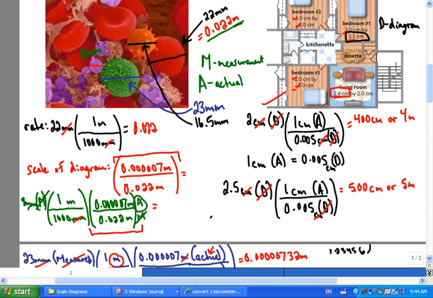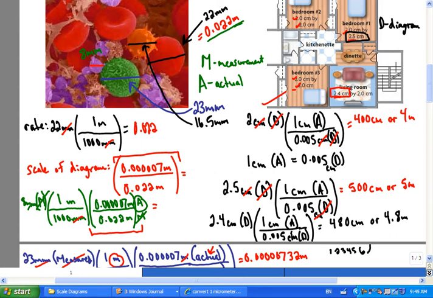So 2.4 centimeters in the diagram, 1 centimeter in the actual world is going to be 0.05 in the diagram. So this is going to be 480 centimeters, or 4.8 meters.